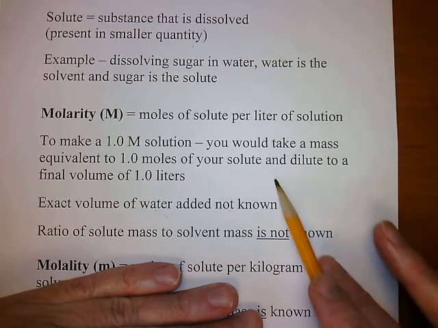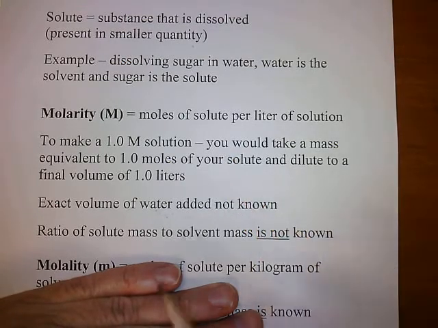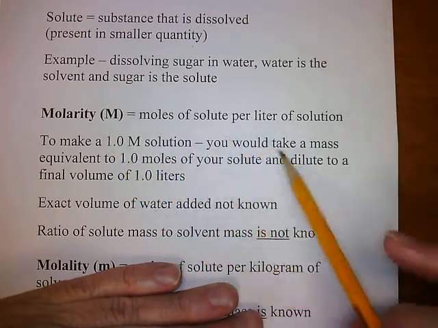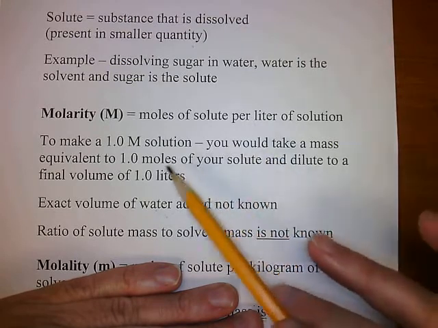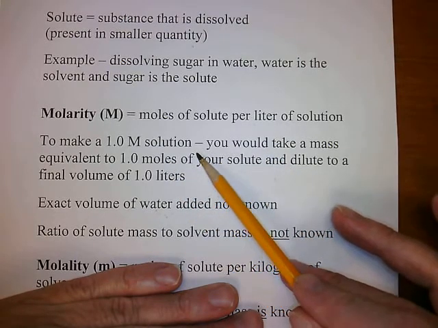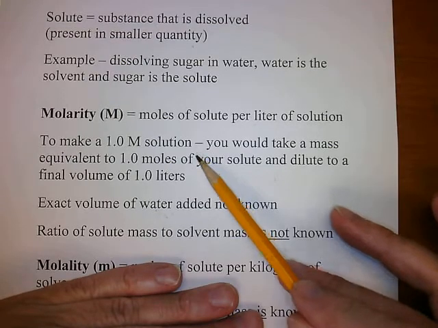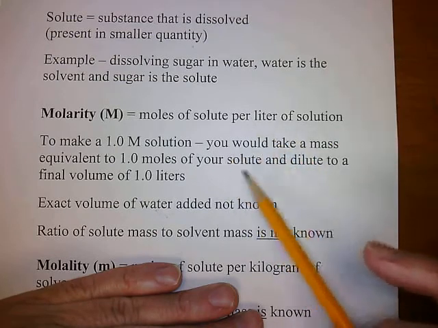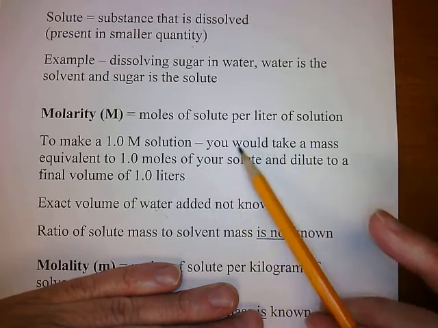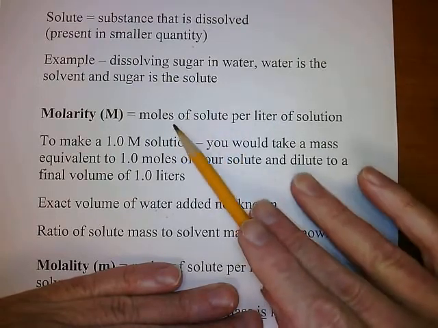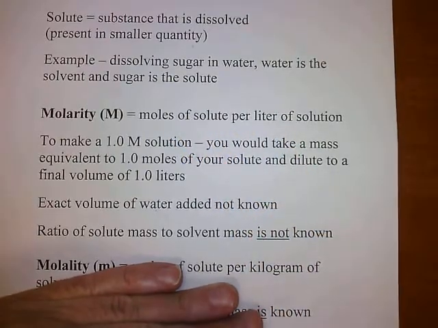The only thing that's known is the number of moles of solute per unit volume. This is so commonly used because it's very convenient and fast to measure a volume in a lab. You pour out so many milliliters or liters of a solution, and you know how many moles of solute you have.